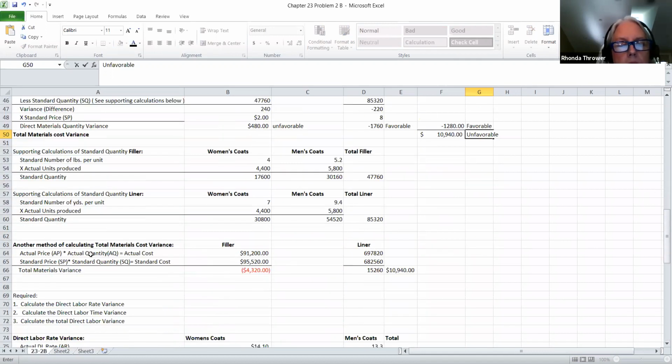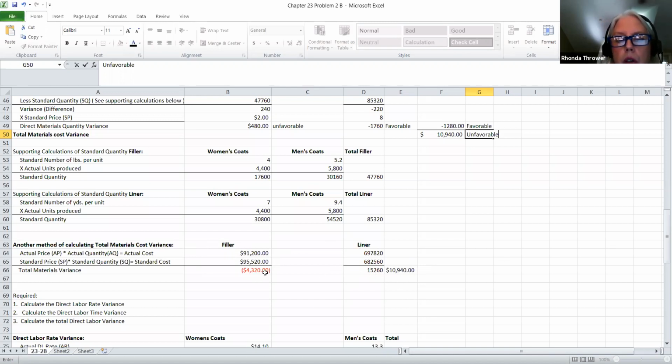Right here is another method where we could have come up with the total of the materials variance. It's not necessarily that you memorize all this stuff on this other method, but I just showed it to you because there is another way to arrive at some of the numbers that they're requesting of you.